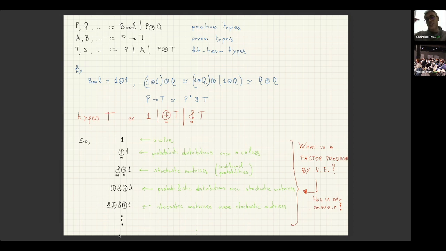So the original question we started with was what is the nature of the factor produced by the variable elimination algorithm, and our answer is in this hierarchy. It's a kind of stochastic matrices of stochastic matrices of stochastic matrices, and this way of representing the algorithm gives a precise type to any of such factors.